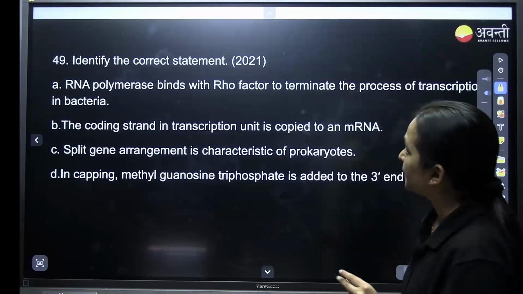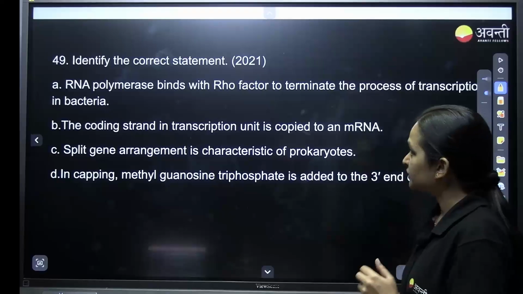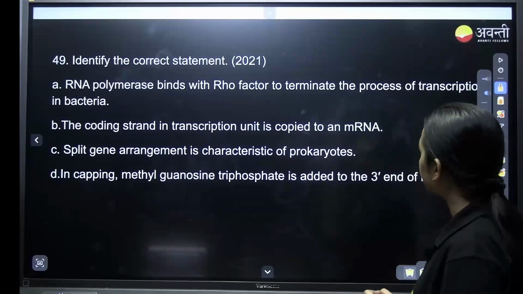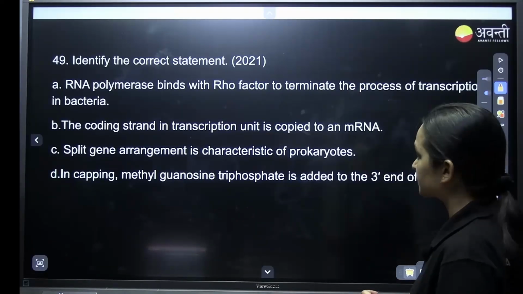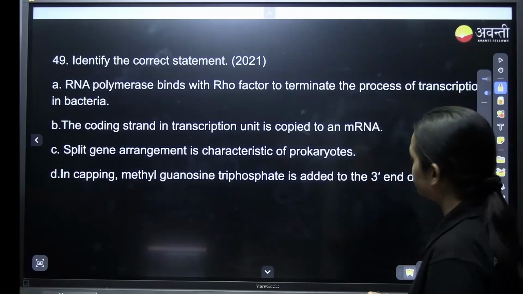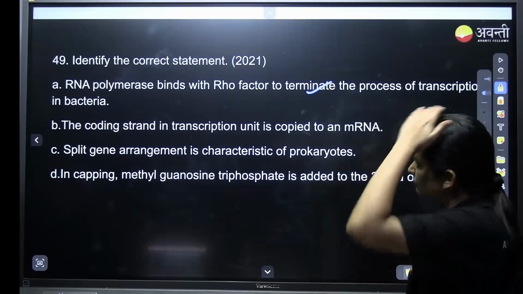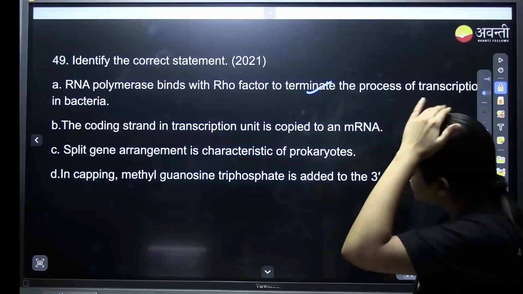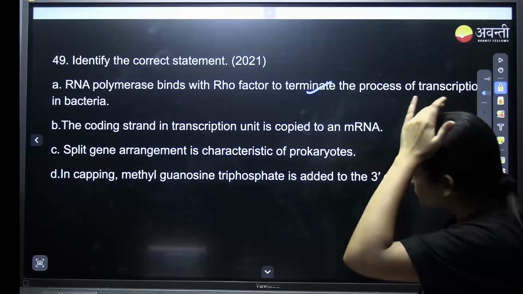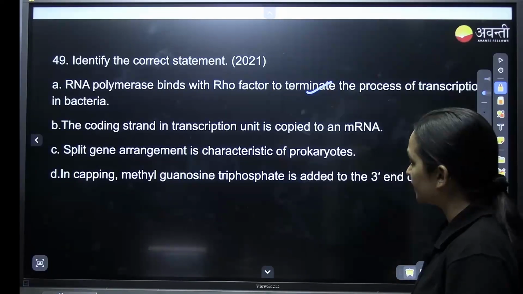Identify the correct statement. RNA polymerase binds with Rho factor to terminate the process of transcription in bacteria. We need to find the correct answer. So got it? The coding strand in transcription unit is copied to an mRNA.